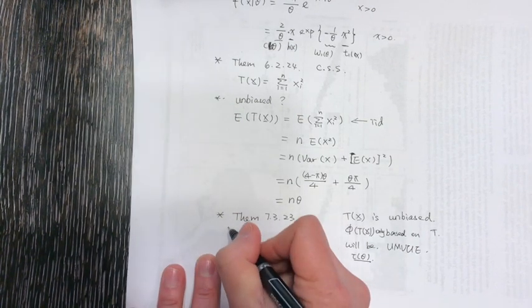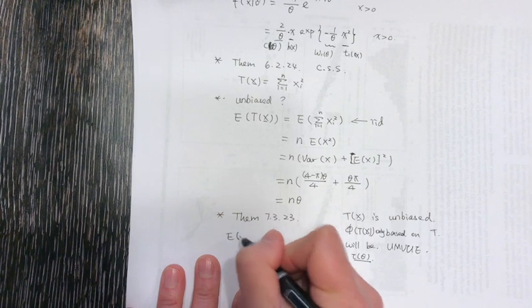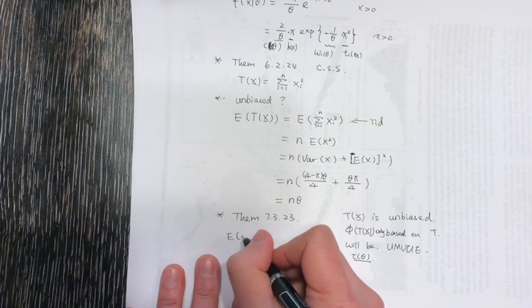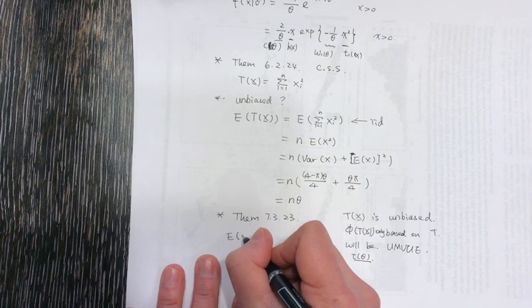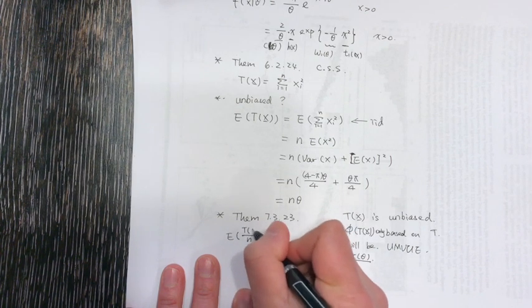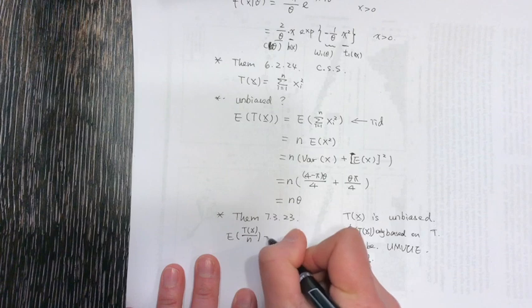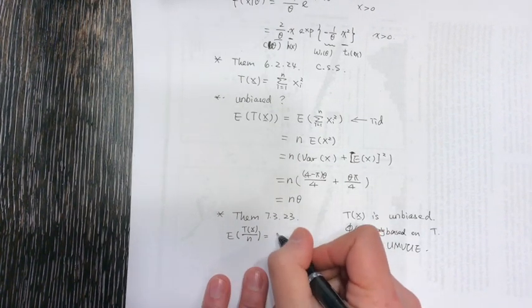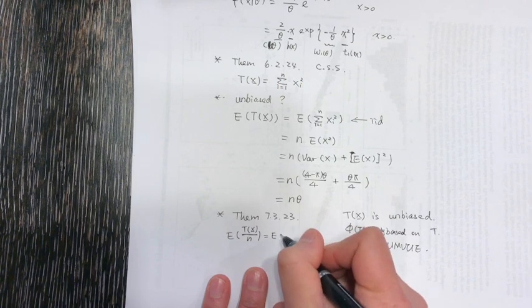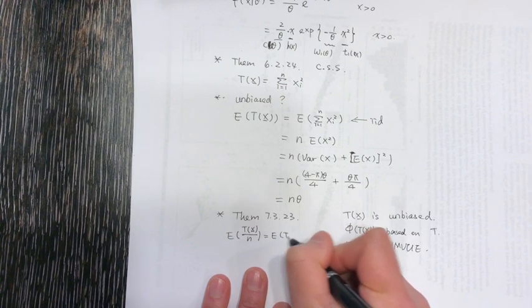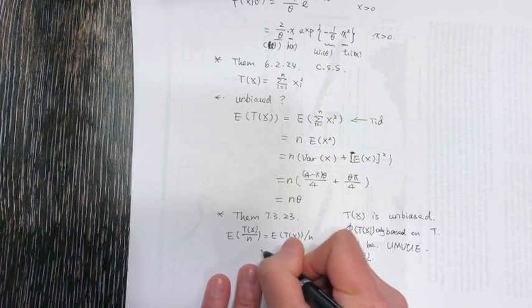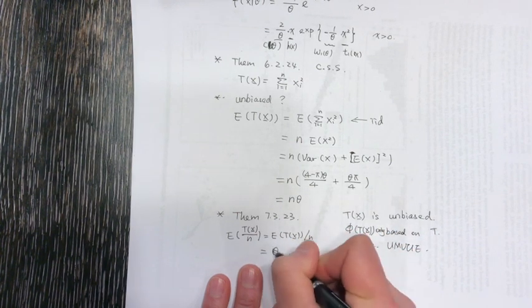So then we need to find the expectation of the T function, which will equal n theta, so the expectation of T divided by n will equal theta.